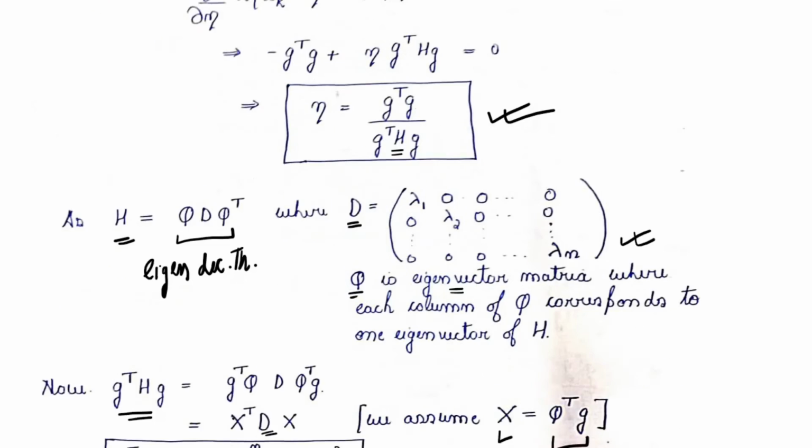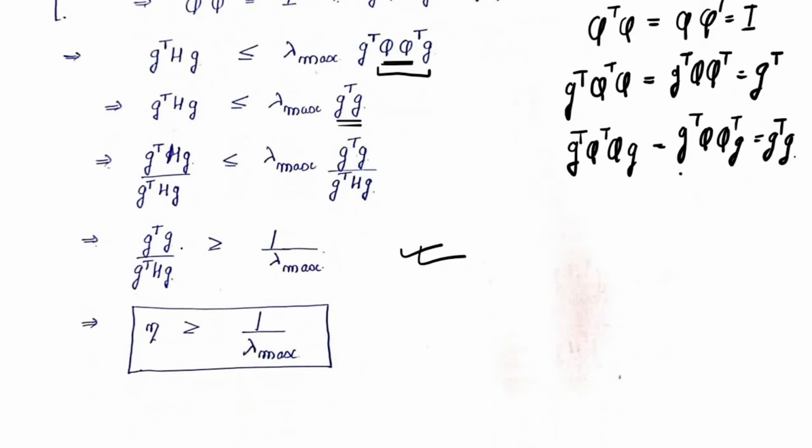Now this proves that eta can no doubt take any value because it is a scalar, but for convergence to happen, it should be at least equal to 1 upon lambda max, or 1 upon the highest eigenvalue of H.